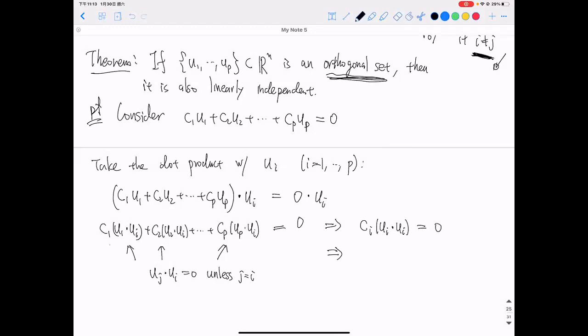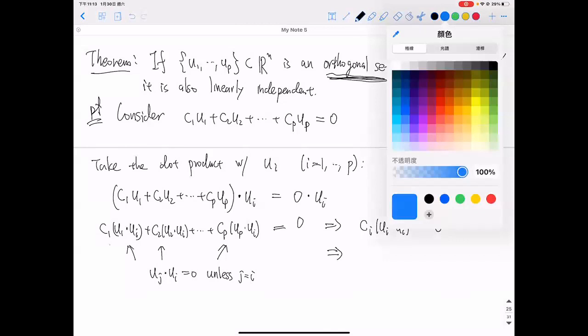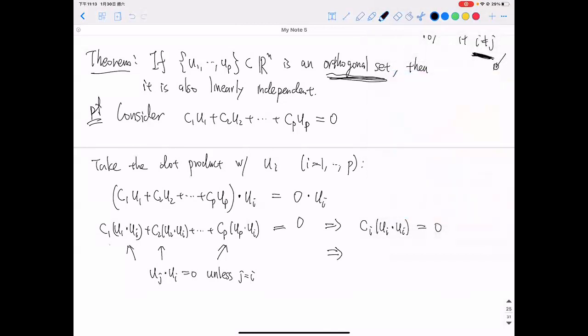Now, on the other hand, this thing here, UI dot UI, is never 0, because the vector is not a 0 vector.